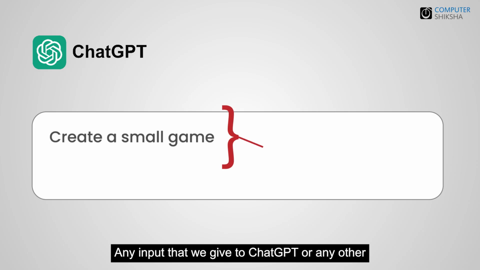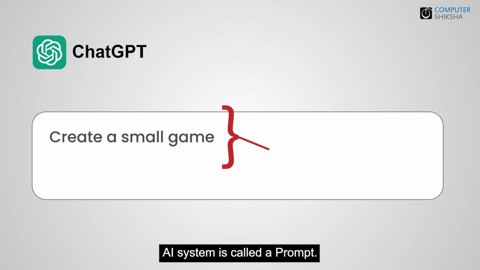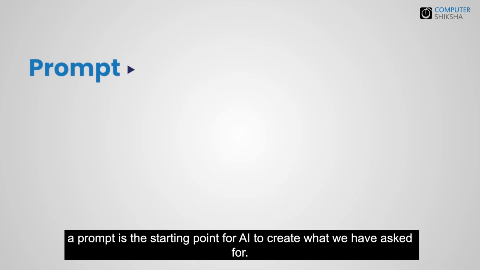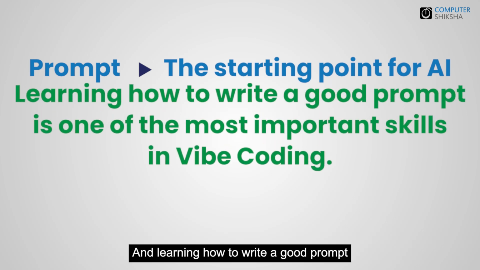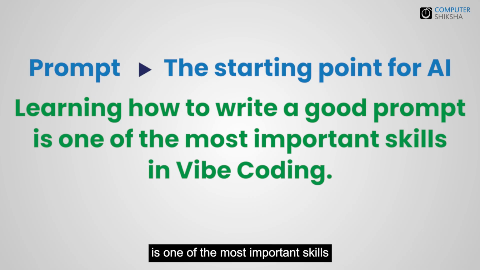Any input that we give to ChatGPT or any other AI system is called a prompt. So students, a prompt is the starting point for AI to create what we have asked for. And learning how to write a good prompt is one of the most important skills in vibe coding.